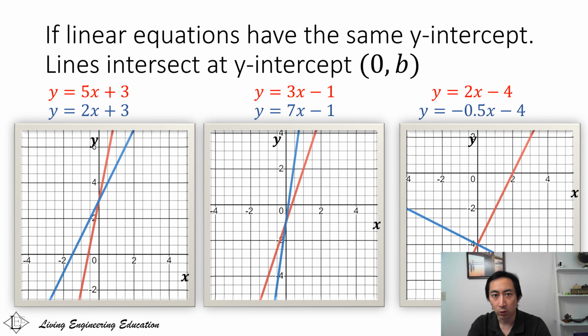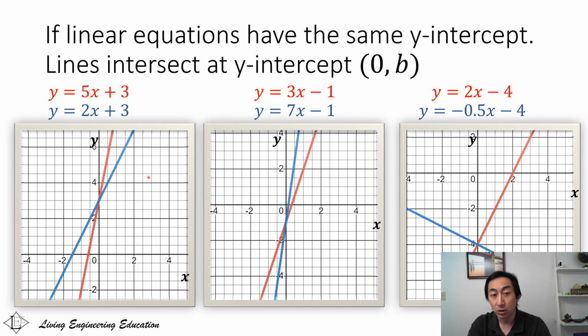And we can see it in graphical form, right? This pair of equations intersects right there, this pair intersects right there, and this pair right there, all three pairs intersect along the y-axis because they share the same y-intercept.